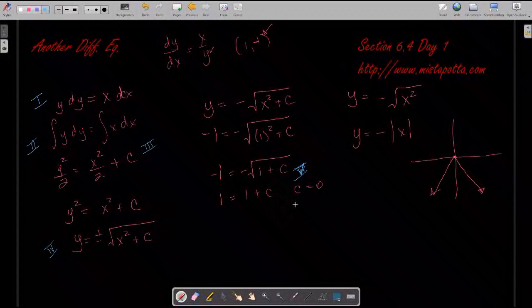And of course, we're going to have to make sure that we take care of our domain as well. The thing is, in this case, our range deals with this negative 1, and so I need to make sure that I'm dealing with the negative root for my differential equation.